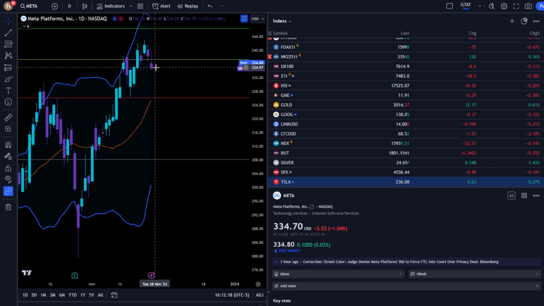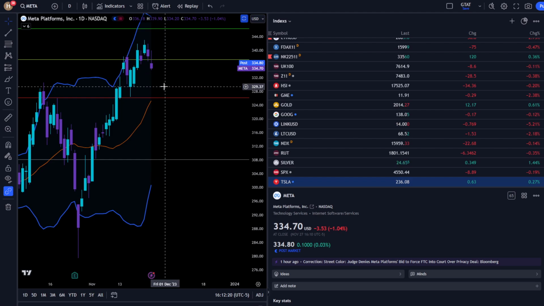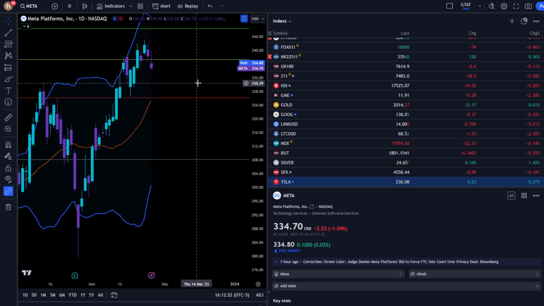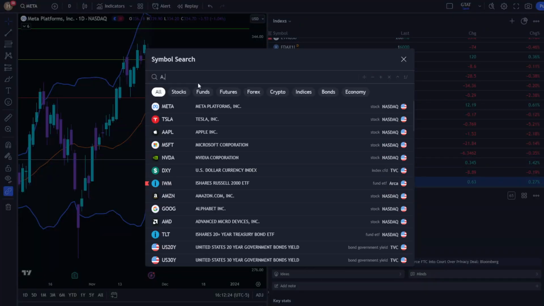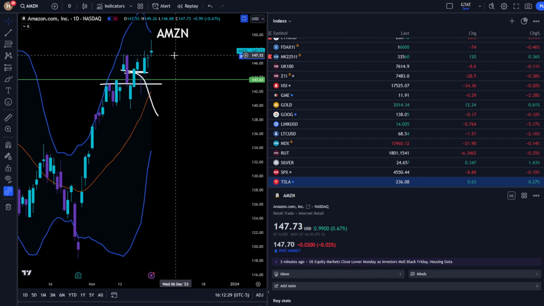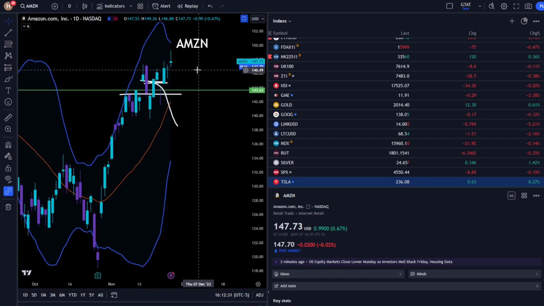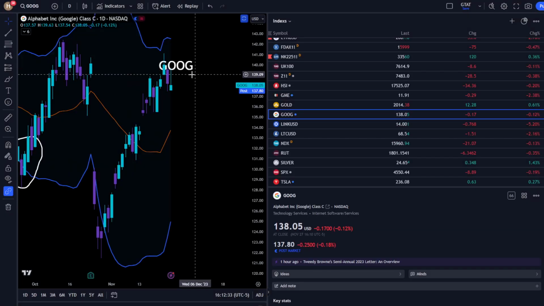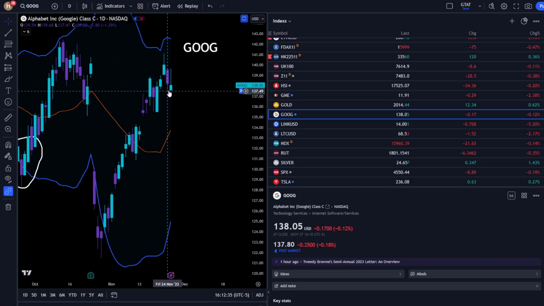So going short on this level of support at 334.50 is not really that safe. Amazon showed some strength, but it wicked upwards. And Google doesn't look that great. This is not a great candle setup, but once again, you can see that we're holding this level of support from Friday's low, and we closed above the lows from last Friday and Monday.